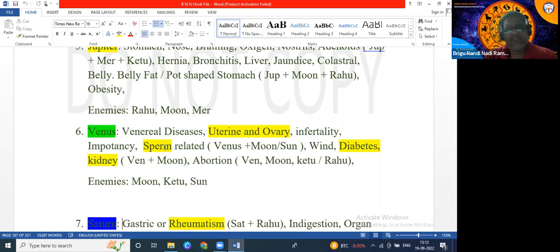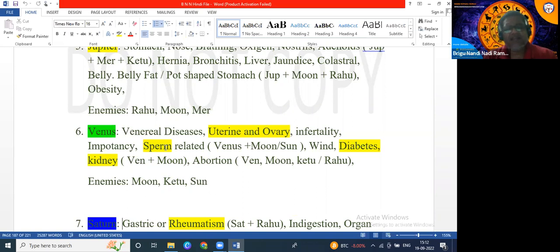So Moon is with its enemies, Venus is with its enemies, Moon, Ketu, Sun. The female native will suffer from uterus-related problems, ovary-related problems. So that's why it leads to infertility.